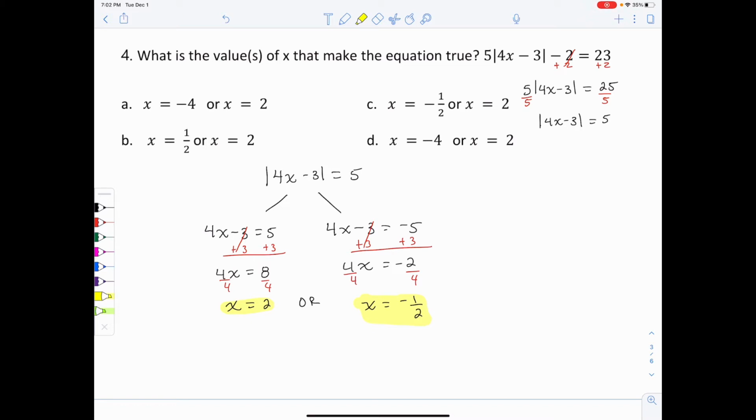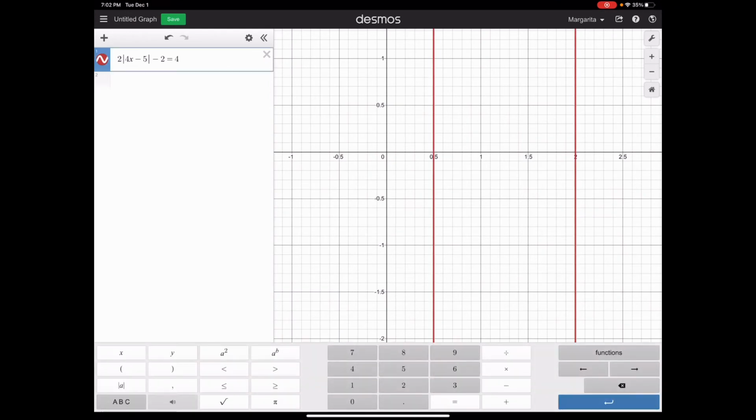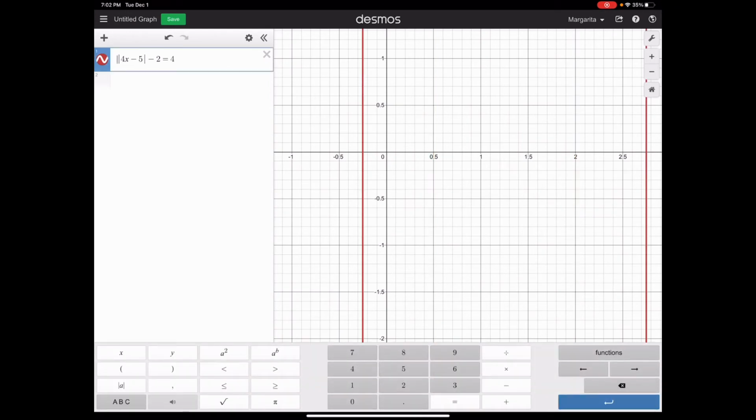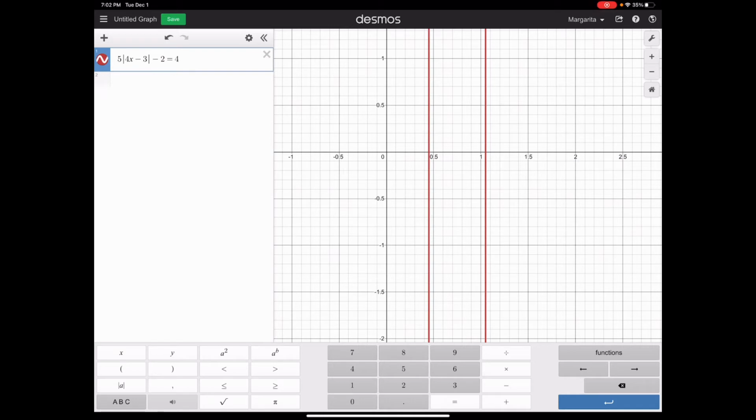And I can verify that if I just go to Desmos and I graph it. Actually, since I already have something here, I'm just going to change it. That's 4x minus 3, minus 2 equals 23.